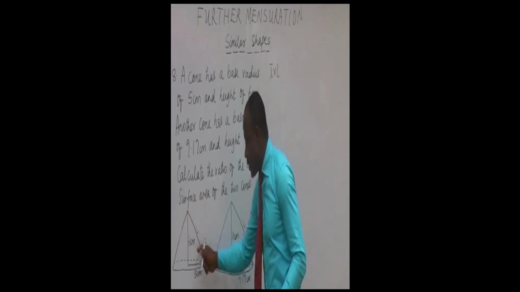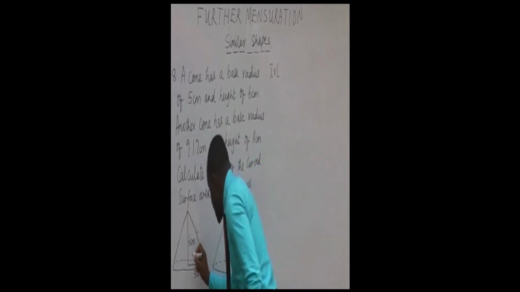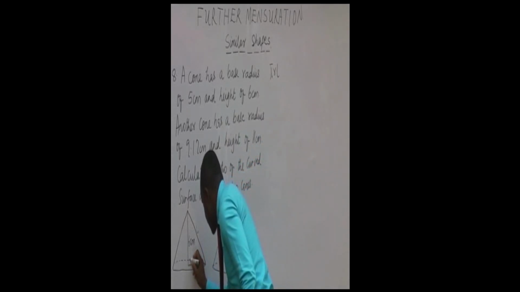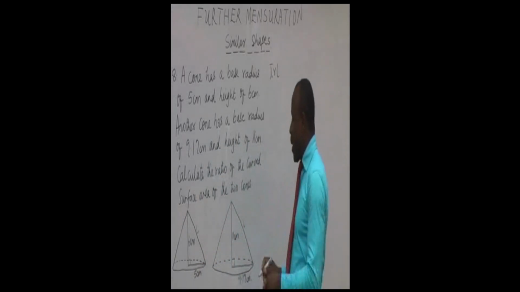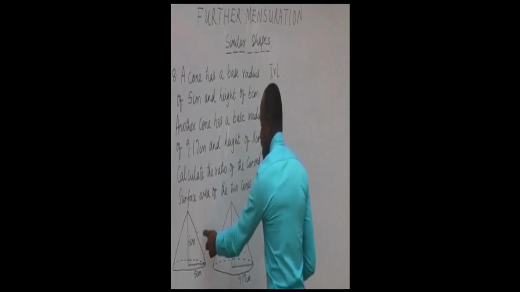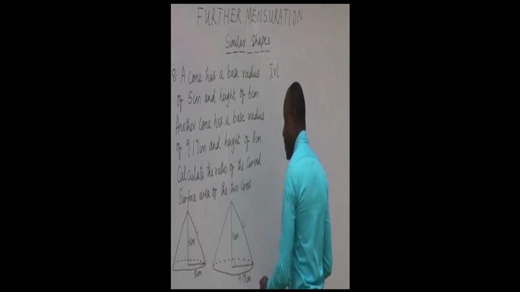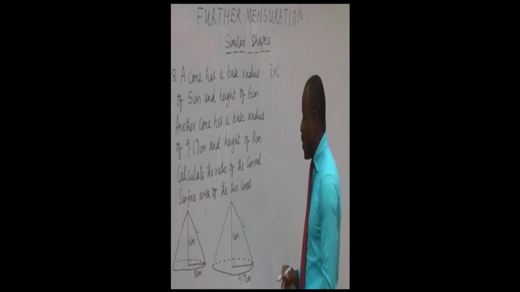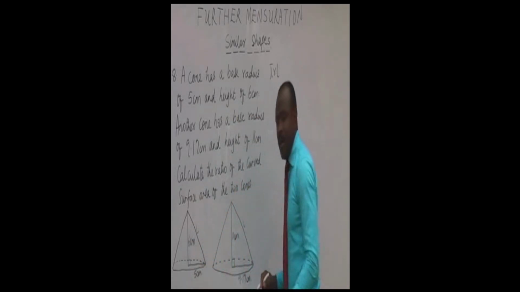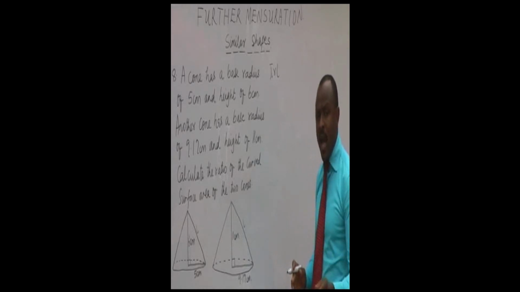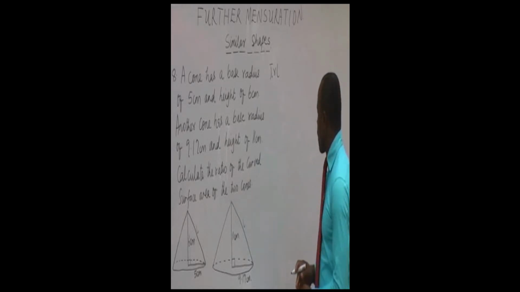Let's take the first one. This place is right angled. So with our Pythagoras theorem, we discover that L in each case is the hypotenuse, while the height and the radius constitute the other remaining two parts of the triangle.